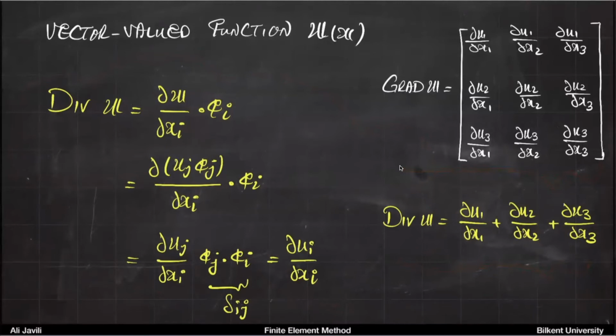Now, the next step would be, remember we had a scalar, we had a vector, and now we go to a higher dimension. So it would be a tensor valued function.